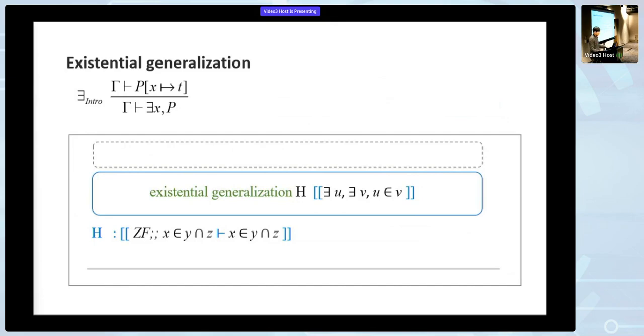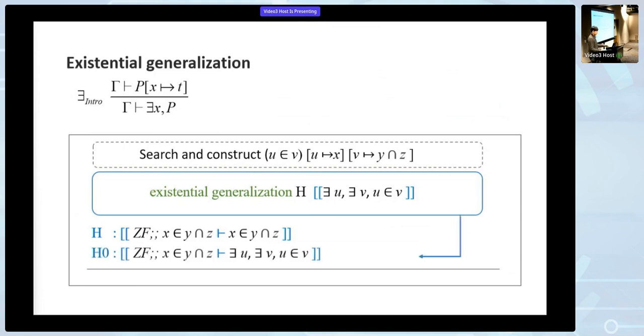For example, here it is: there exist U and V such that U belongs to V. This tactic will search and compare the assertion and the hypothesis, decide which terms are abstracted, and then check whether these two formulas are really equivalent. There are some alpha-equivalence issues in this process, but they are automatically resolved by the tactic. And of course, in this case, it succeeds.